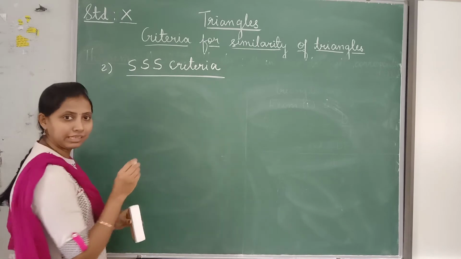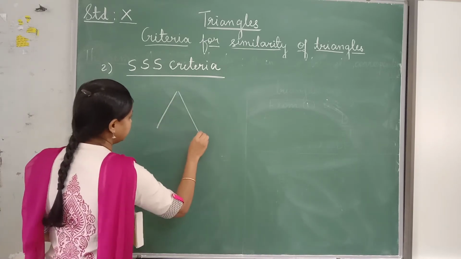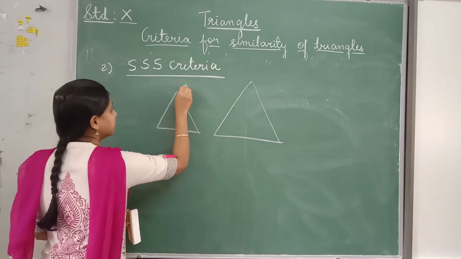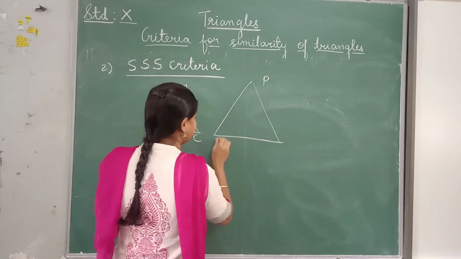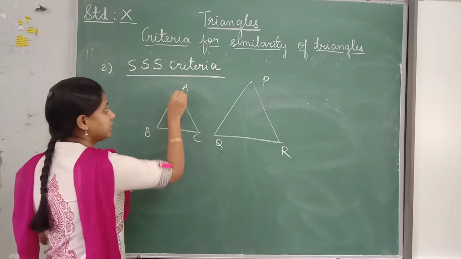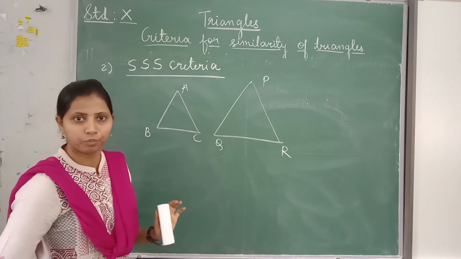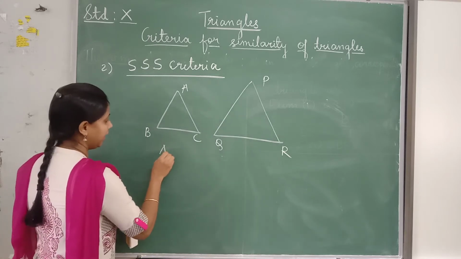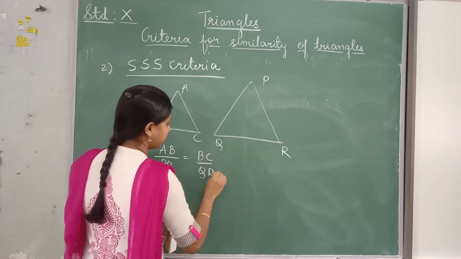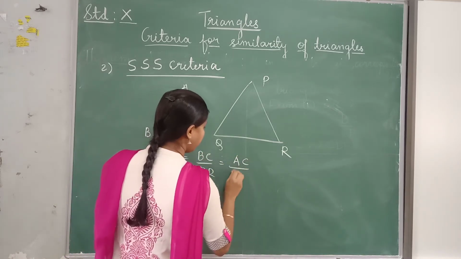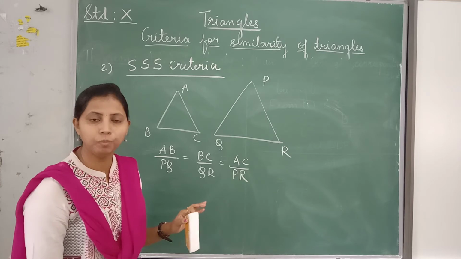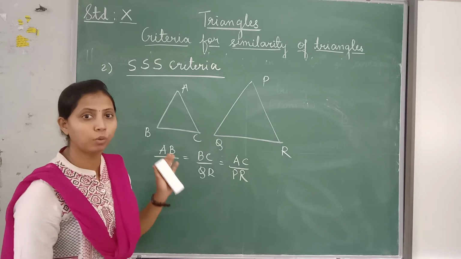SSS criteria states that if in two triangles, consider this as triangle ABC and triangle PQR, if all the three corresponding sides are in equal ratio, the given is AB by PQ is equal to BC by QR is equal to AC by PR, then their corresponding angles will also be equal.